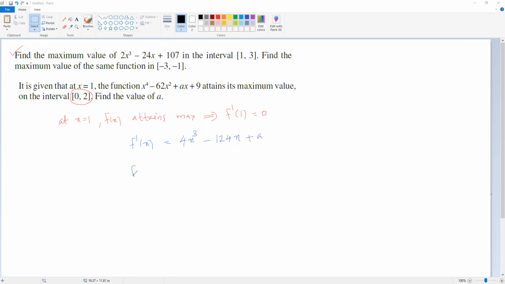So f dash 1 is equal to 0 implies, putting 1, that means 4 minus 124 plus a is equal to 0. That means minus 120 plus a is equal to 0. That means a is equal to 120.